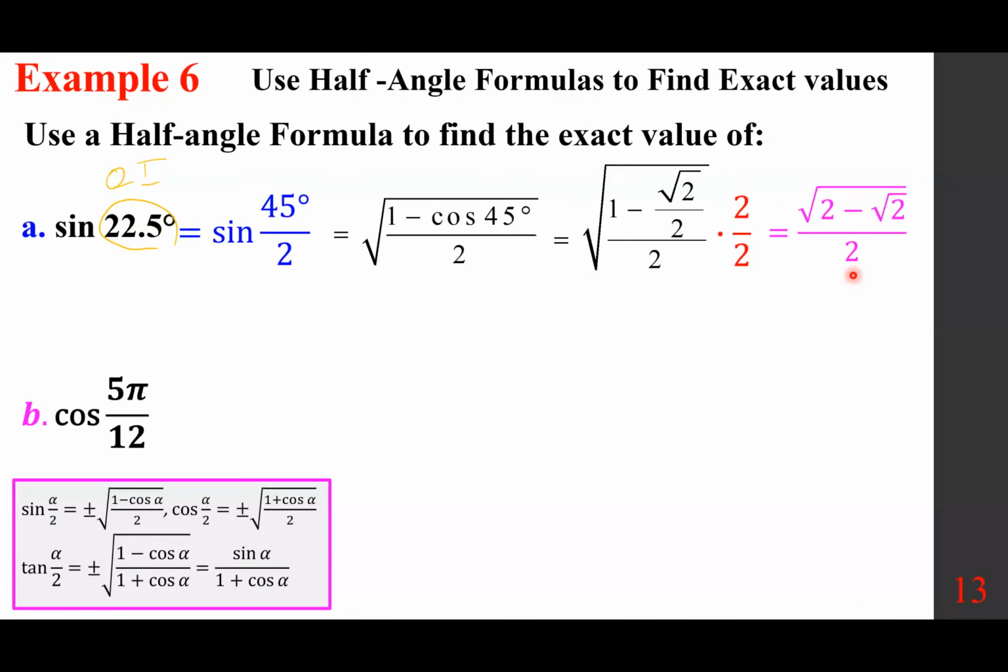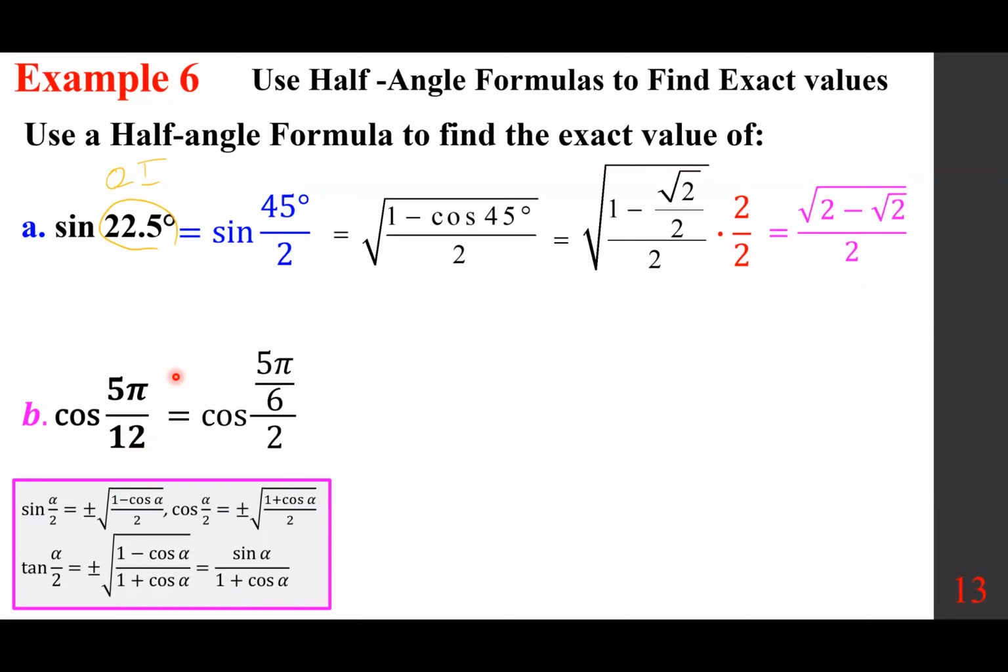How about cosine of 5 pi over 12? Well, 5 pi over 12 is not a common arc, but 5 pi over 6 is, if you divide this one by 2. If you divide the denominator by 2, the fraction gets larger by a factor of 2. 5 pi over 6 is a common arc, and we take 5 pi over 6 divided by 2.